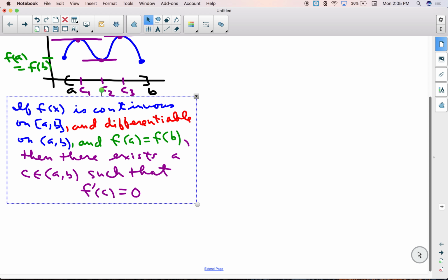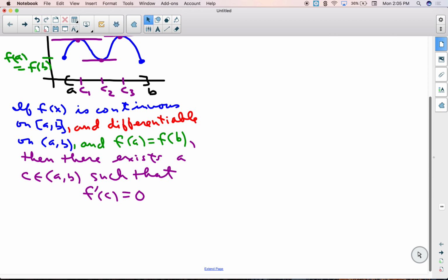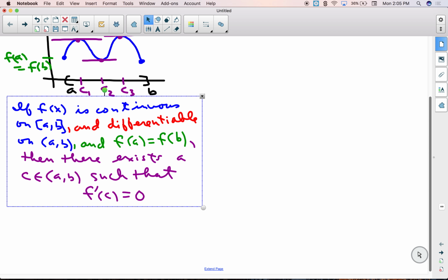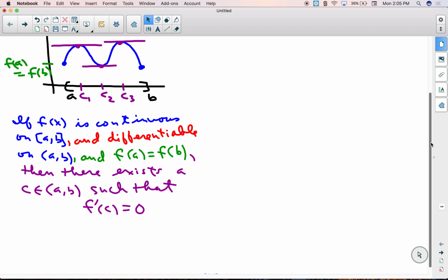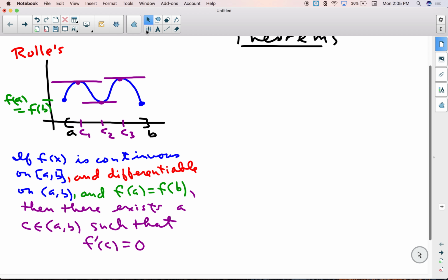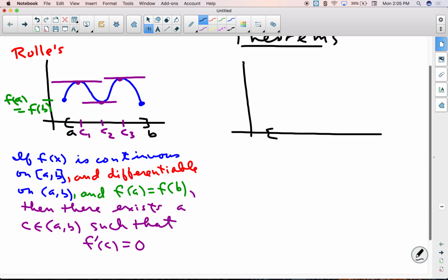All right, so let me shrink this down a little bit. Let's consider now the mean value theorem. The mean value theorem is actually very similar. So you've got a function. It's going to be continuous on a, b.